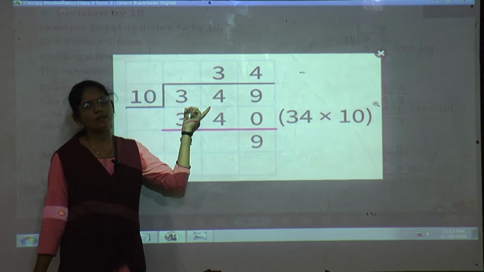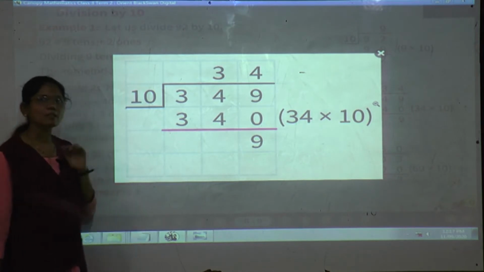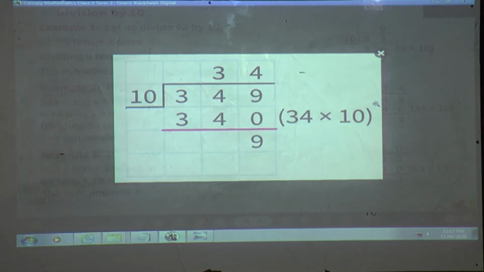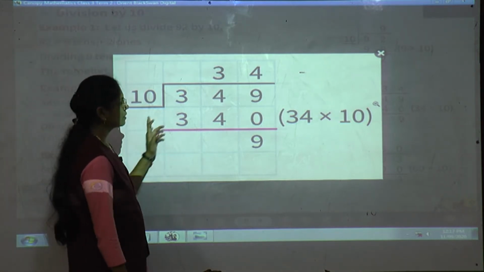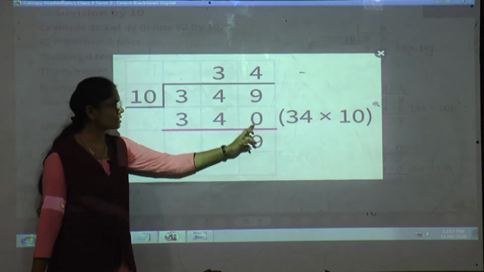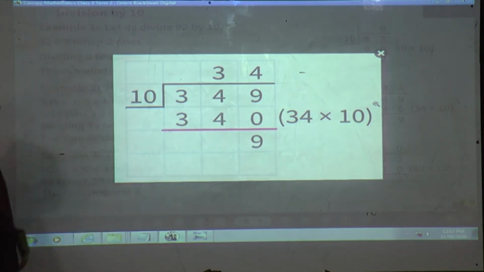No, 34 is not there. Then we'll find the smaller number than 34. 30 is there. 10 3s are 30. Then 34 minus 30, 4 will remain. Then you have to take this 9 down. Then we will get 49. Now 10 4s are 40 and then the remainder we will get is 9.